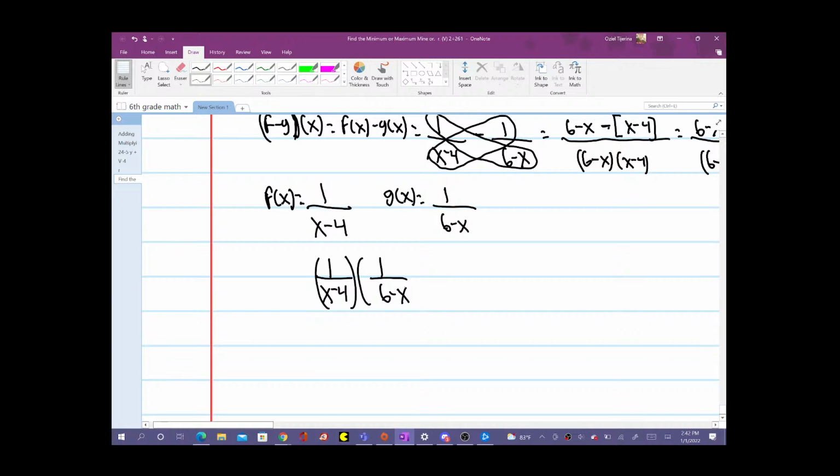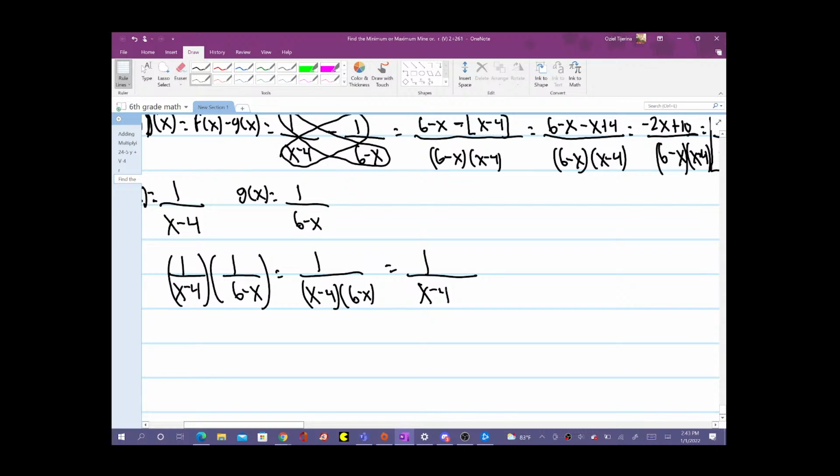This becomes 1 over x minus 4 times 6 minus x, or really we can say it is equal to 1 over x minus 4 times negative x plus 6.